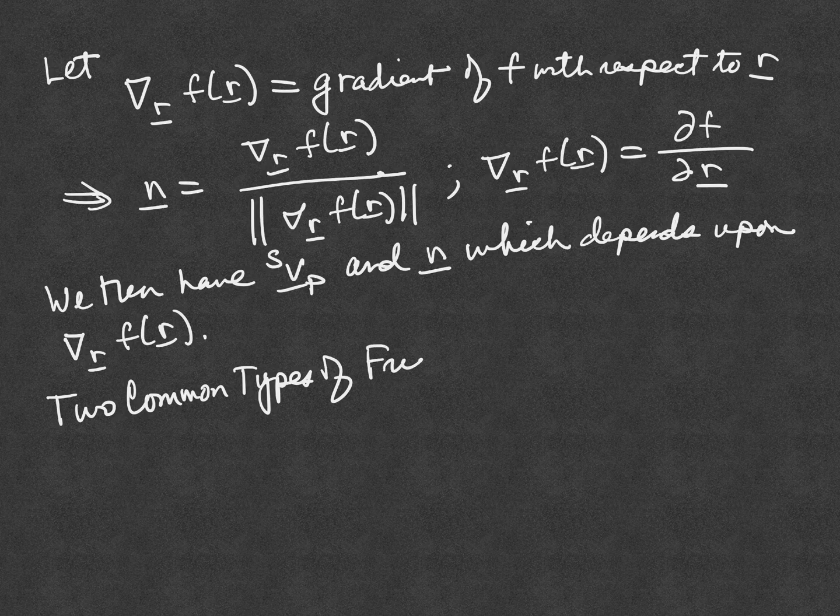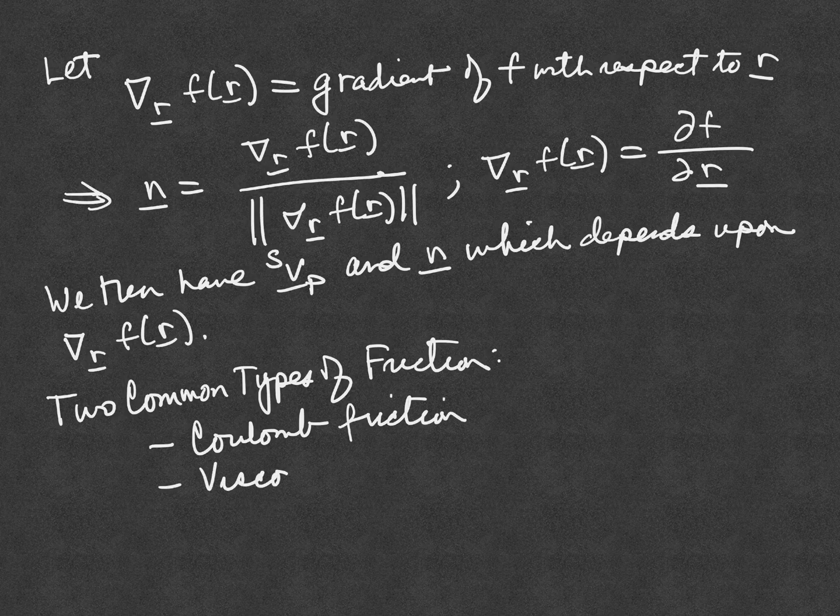And they are what are called Coulomb friction and second, what's called viscous friction. Now, these models are different, so we're going to develop each model.